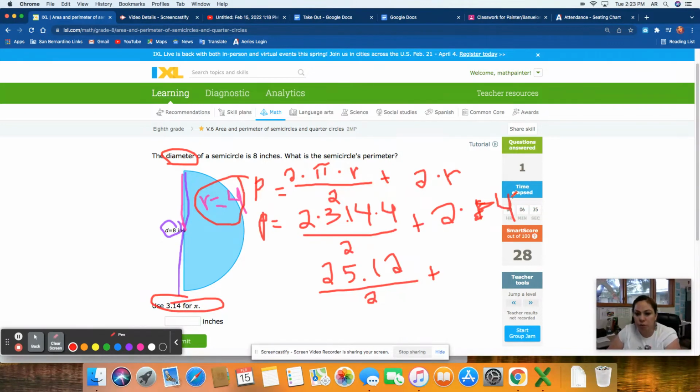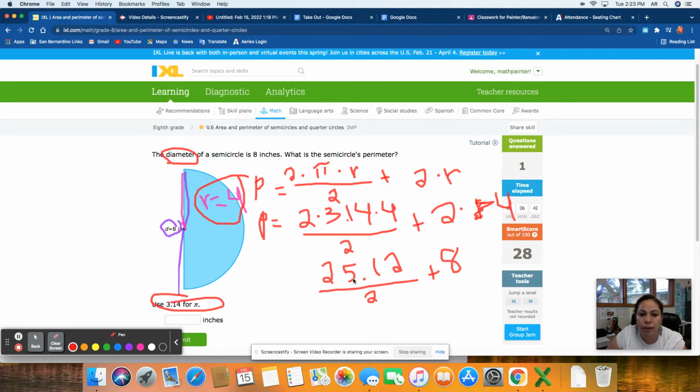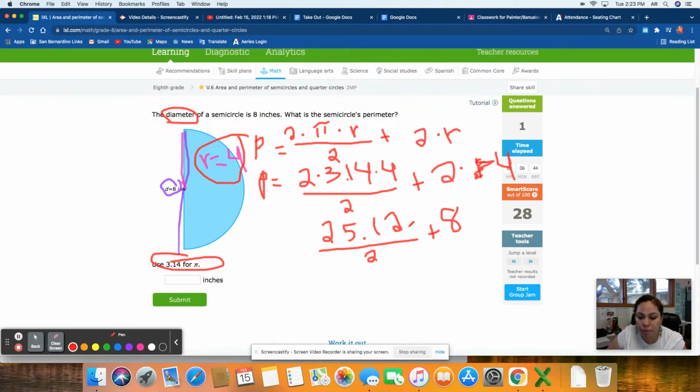Well, actually, you can multiply already. 2 times 4 is 8. So you can multiply these together. All right, now 25.12 divided by 2, what is that? Divided by 2 is P equals 12.56. We didn't do anything on the 8 side, so we're just going to bring it down.